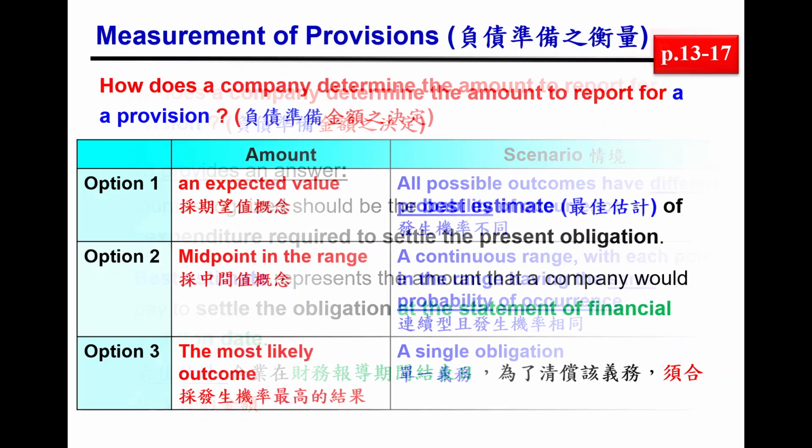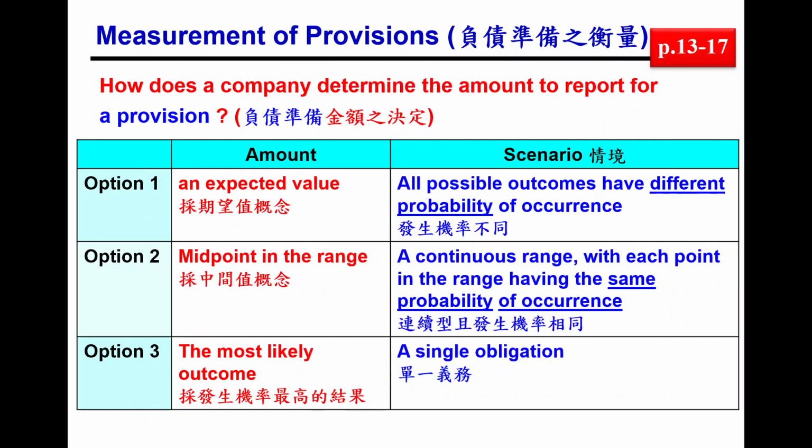Okay. So there are three options you could choose to get your best estimate. First option is expected value, 期望值. Second option is midpoint, 中位数, the middle value. Third option is the most likely outcome.